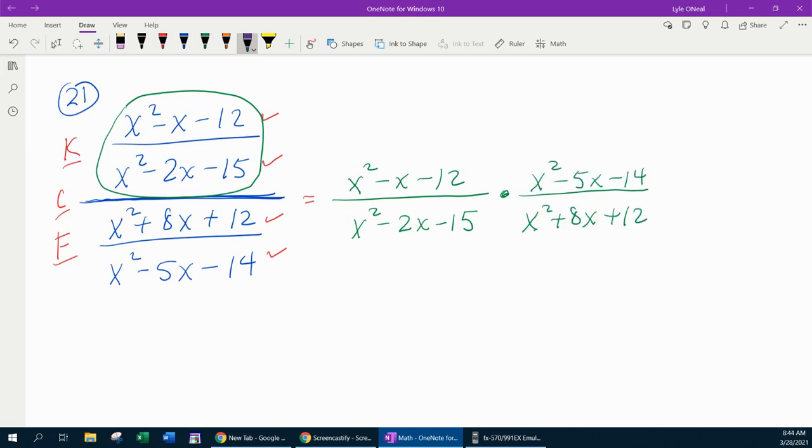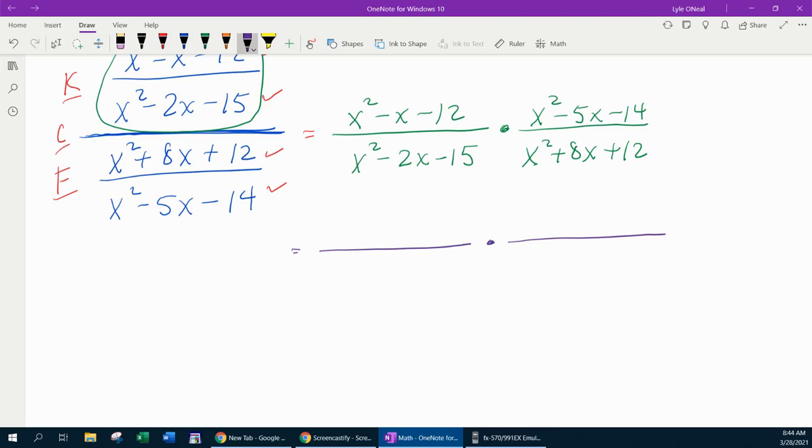Now, once I have the fractions unstacked, once I have it represented as a multiplication problem, all I have to do now is factor and cancel. I'm going to show you step by step how to do these, just in case you need a refresher. Okay, so for our first trinomial in the numerator, if I read the signs, minus at the back makes them different.